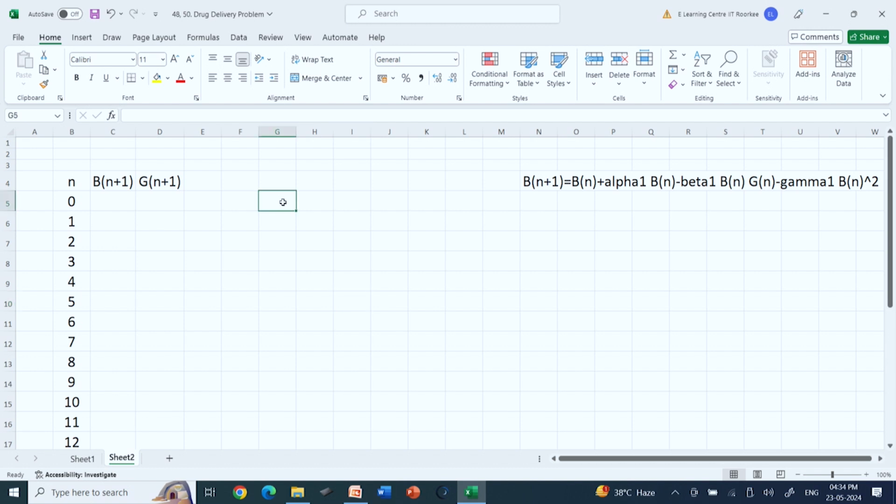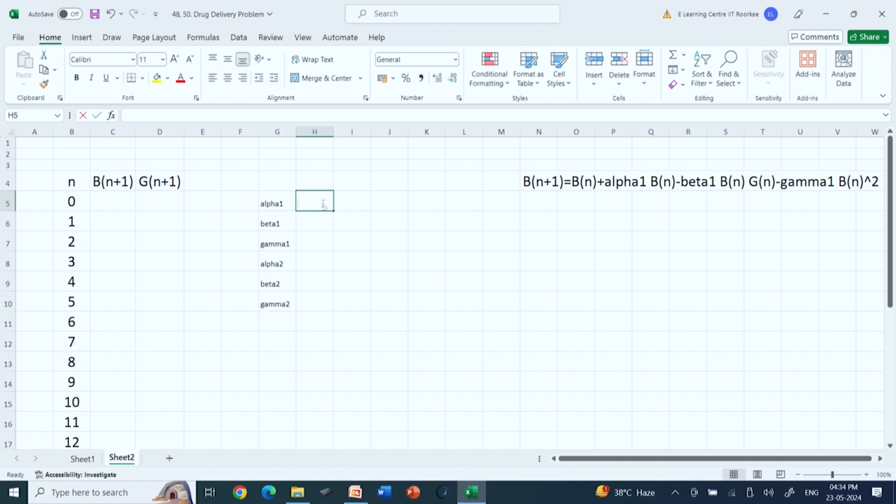Let us quickly write what alpha 1, beta 1, gamma 1, alpha 2, beta 2, gamma 2 are.